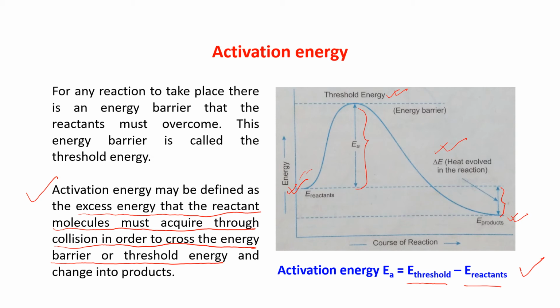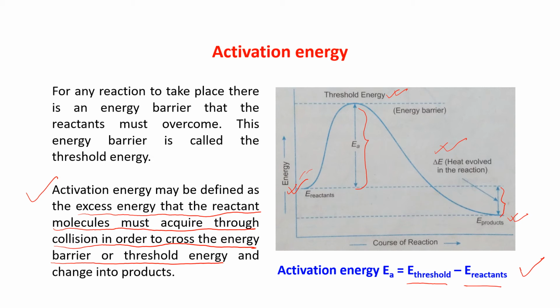So the energy of the reactant is high, so delta E is negative, and this energy will come out in the form of heat. Delta E is negative, that means heat is evolved. Negative value, so it is an exothermic reaction.